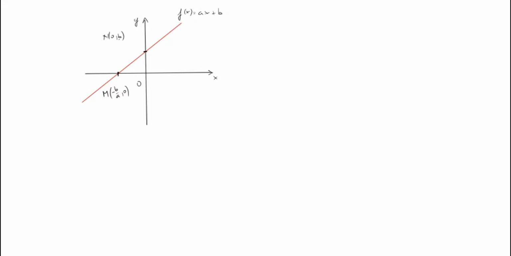So as we can see here, this b is the y coordinate, so this b here is basically this coordinate here. And as we can see now, this b is positive, so the intersection point will be in the positive direction of the y-axis. If b is negative, then we will have something like this. So here with b negative.